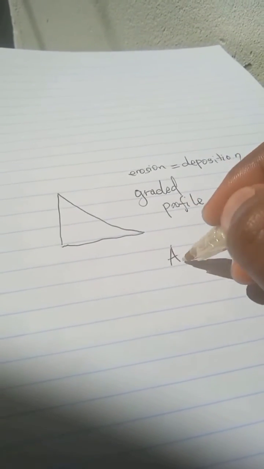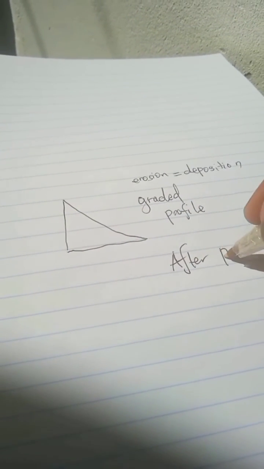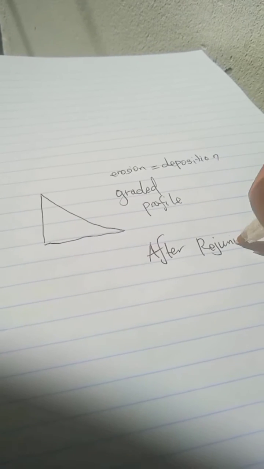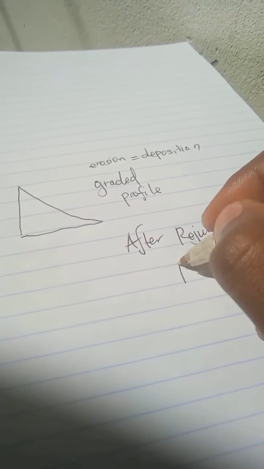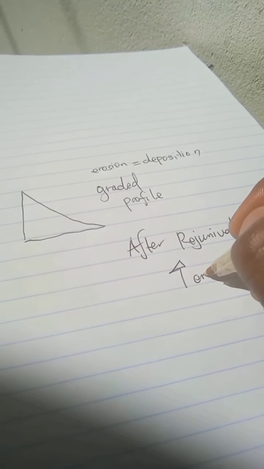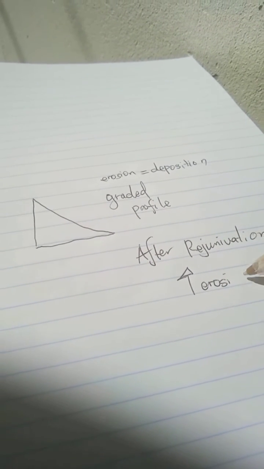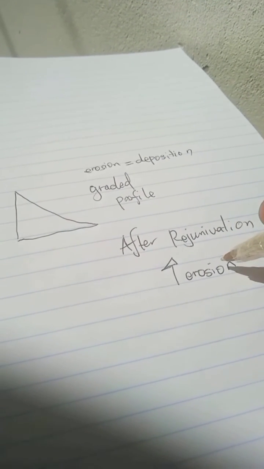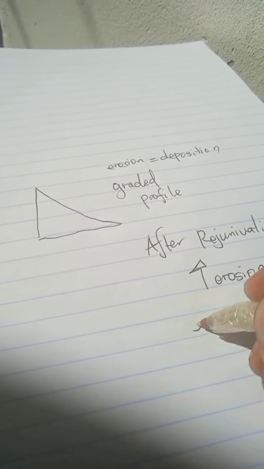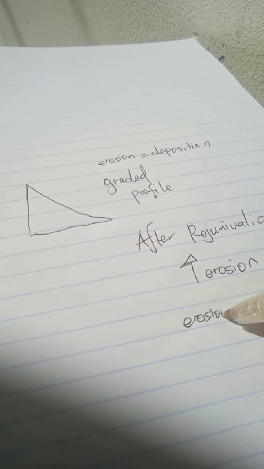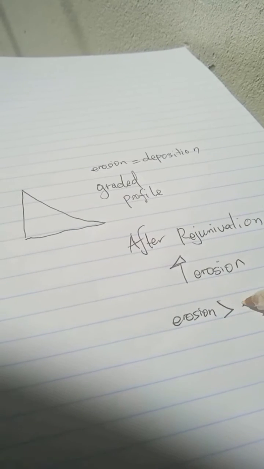Now let's say you have rejuvenation occurring. When rejuvenation occurs, you're going to increase the amount of erosion because the erosive power increases. So now you're going to have erosion being bigger than deposition.